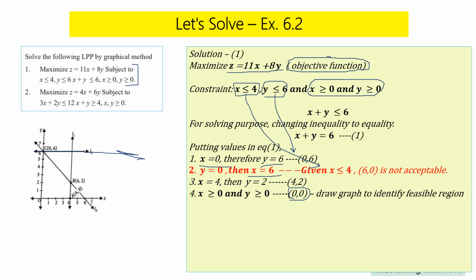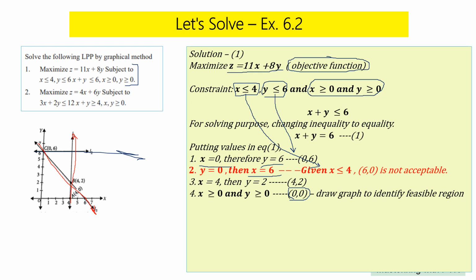So this will be somewhere here. And then x is less than or equal to 4, so you have this line. While joining the points, when x is 6, y is 6, we have this line coming here.